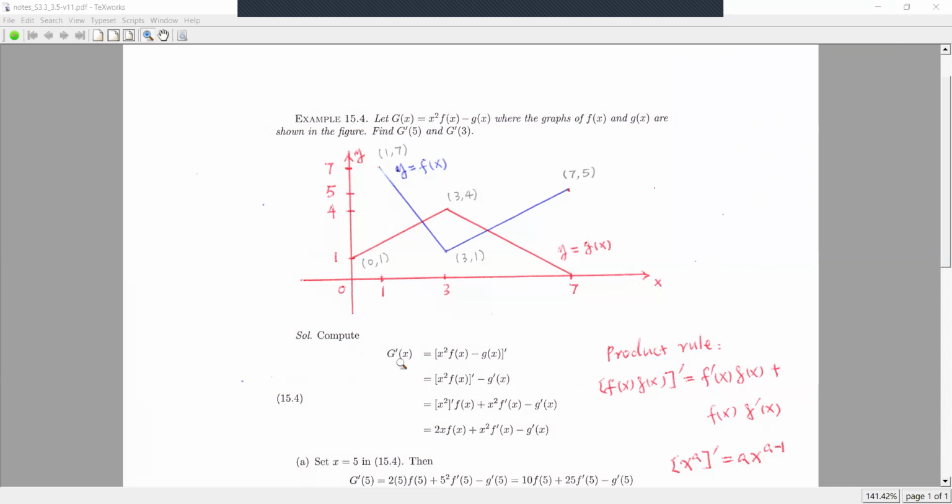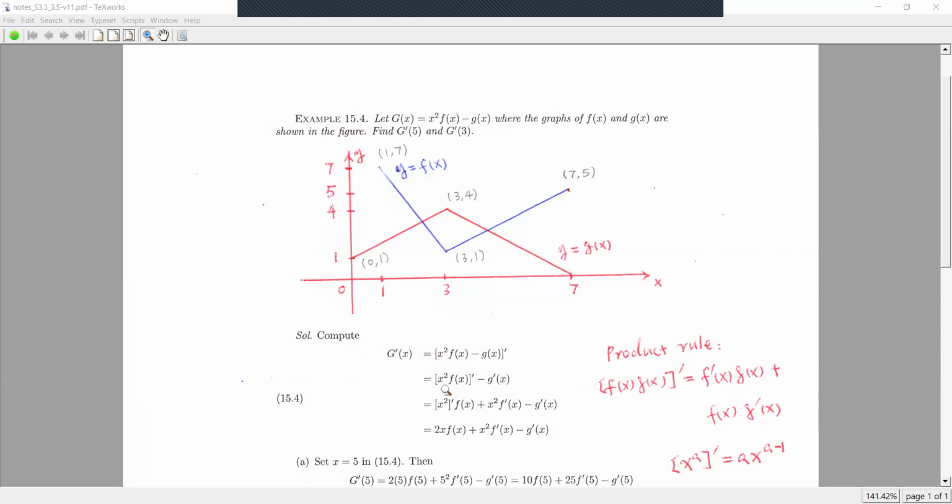Please note that all the formulas are about the derivatives at x, not at some concrete number. Take the derivative of B. Then we have this equation. By the difference rule, this derivative is equal to the derivative of the first term minus the derivative of the second term. So we have this equation.